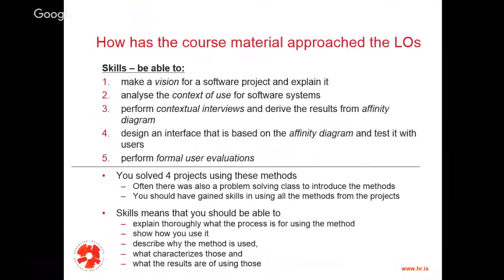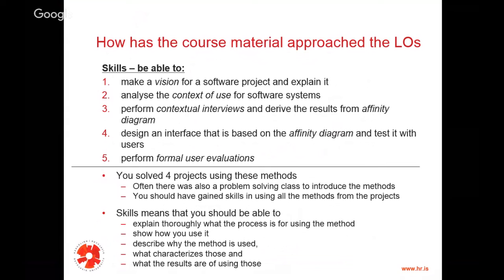Okay, so how has the course material approached the learning outcomes? If you begin with the skills, you solved 4 group projects using the methods, and we also used some of those in the project solving classes. And there you were gaining skills.